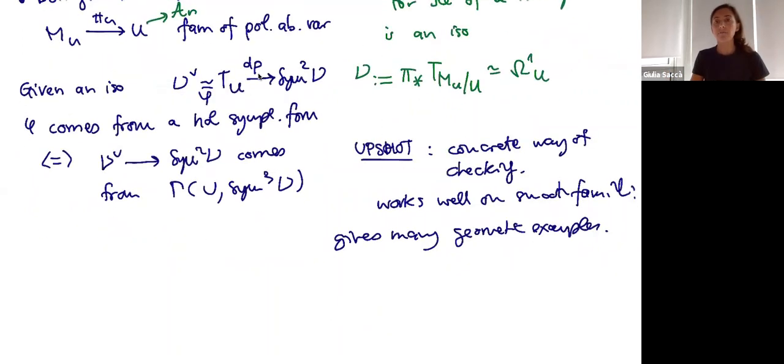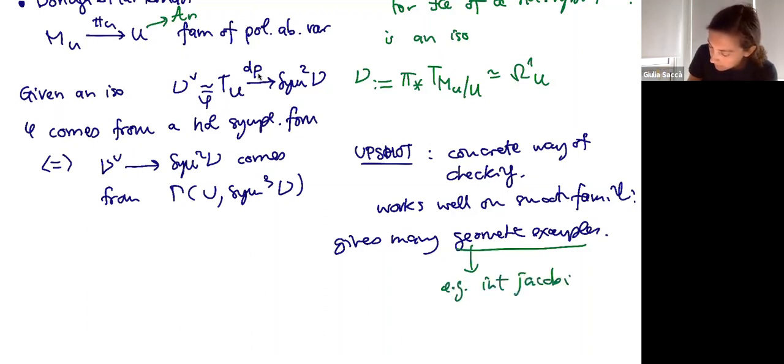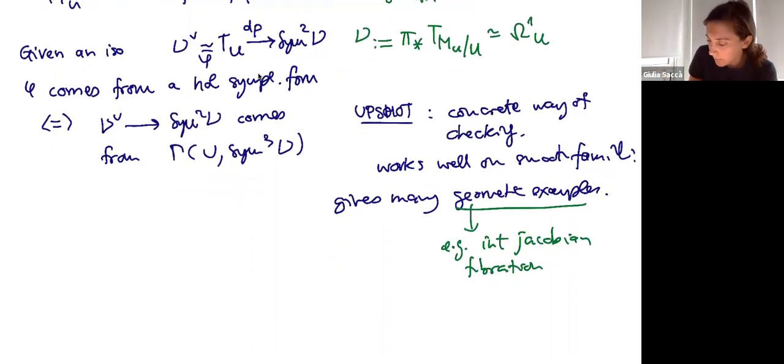For example, any family of Pic 0, the relative Pic 0 for a family of Lagrangian submanifolds on a holomorphic symplectic manifold, has a holomorphic symplectic form. One example is the intermediate Jacobian fibration associated to the family of hyperplane sections of a cubic fourfold.